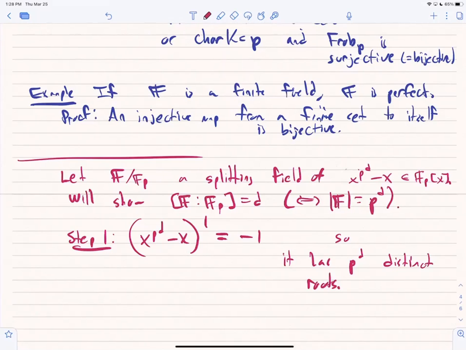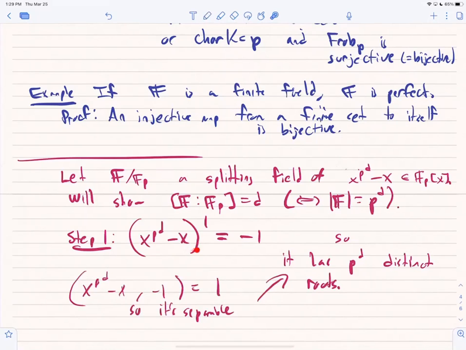Sorry, I was being a little blasé there. So if I take this derivative, the first term goes away and I just get -1.